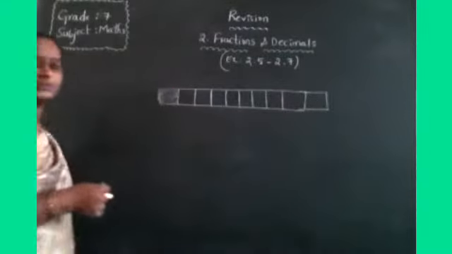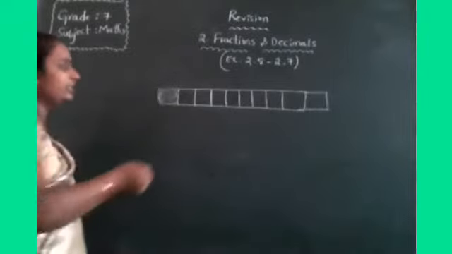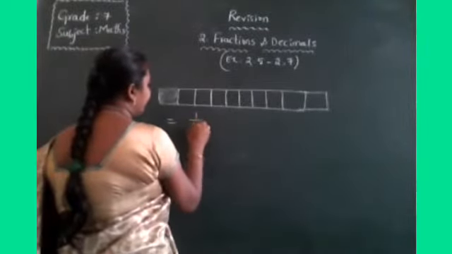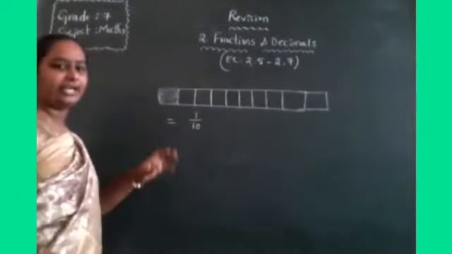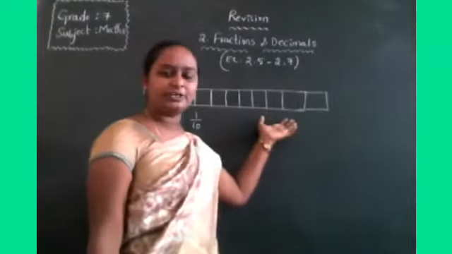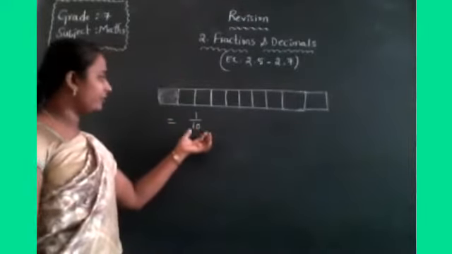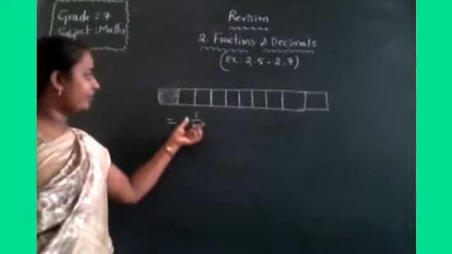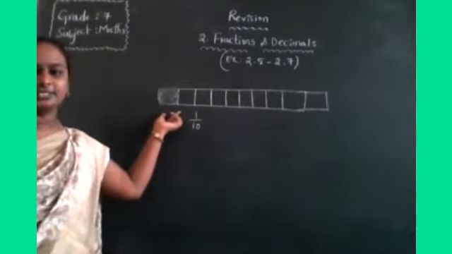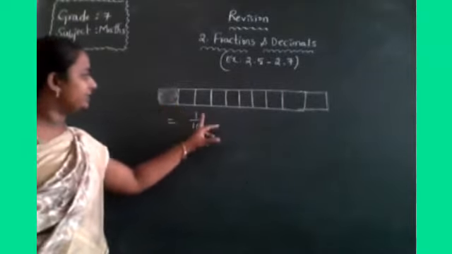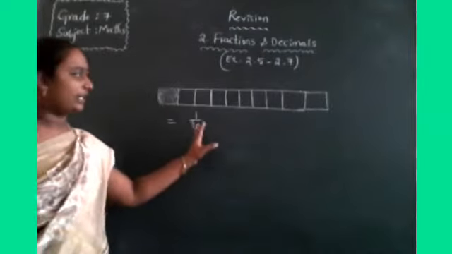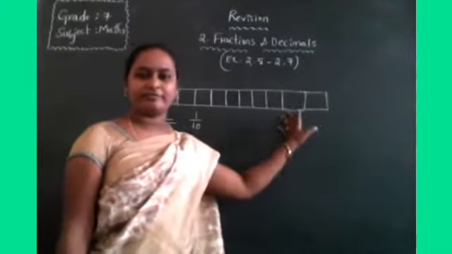How will you write this in the form of a fraction? Yes, 1 by 10. Among 10 equal parts, one part is shaded. So I have written 1 by 10 as the fraction of this figure.